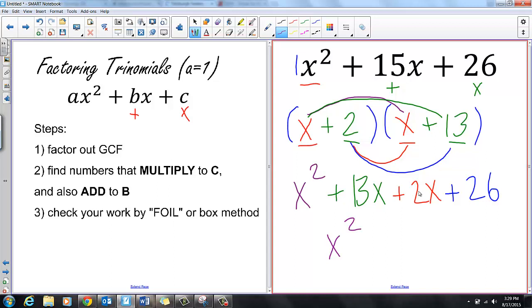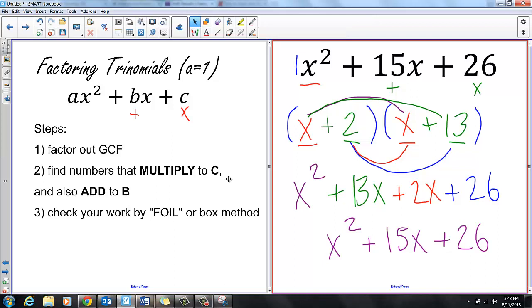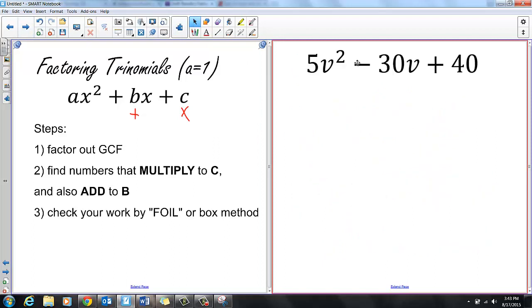My 13x and my 2x go together to be 15x, and 26 remains 26. So I can check and see that I'm finishing with what I started with. So another problem where it's not so obvious that a is equal to 1, a problem where we have to factor out the GCF, would be this one right here.